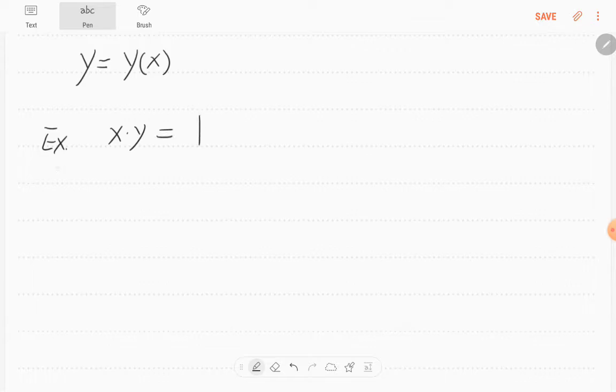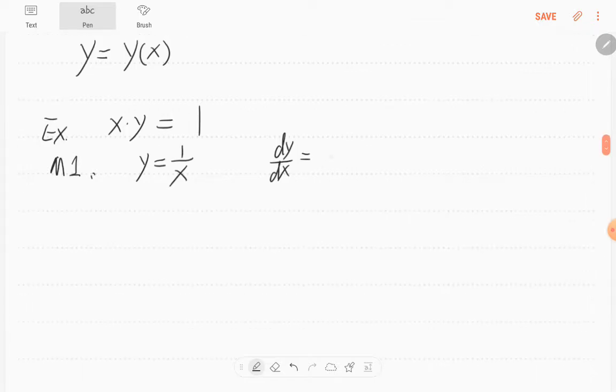Let's do method 1 to find the derivative of y about x. Since this is simple, we can calculate y in terms of x. y equals 1 over x, so dy over dx is the derivative of x to the negative 1, which is negative x to the negative 2.